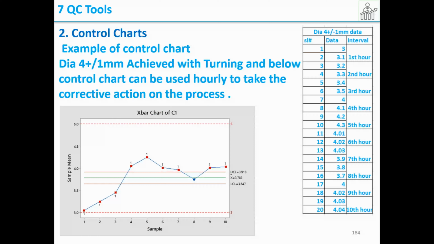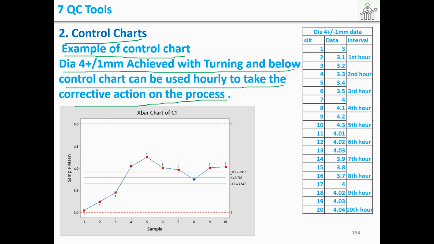Next, control charts. Example of control chart: dia 4 plus or minus 1 mm achieved with turning, and the control chart below can be used hourly to take corrective action on the process. That means you have to run your process in a controlled way.